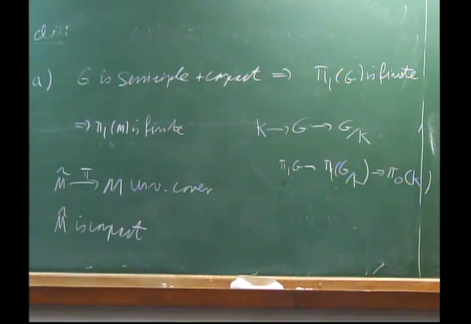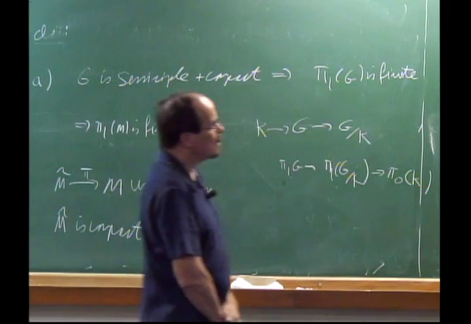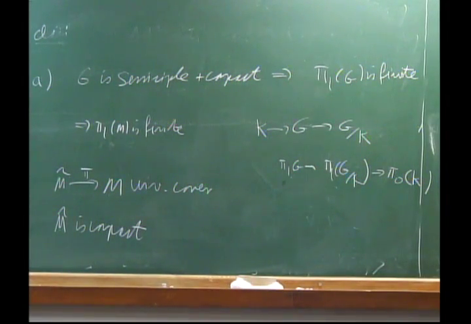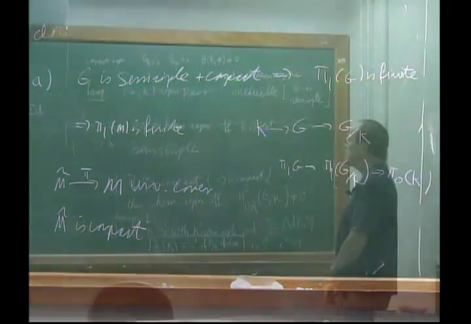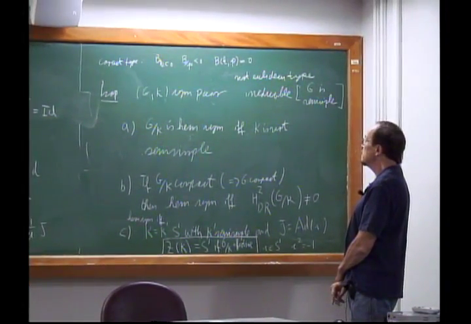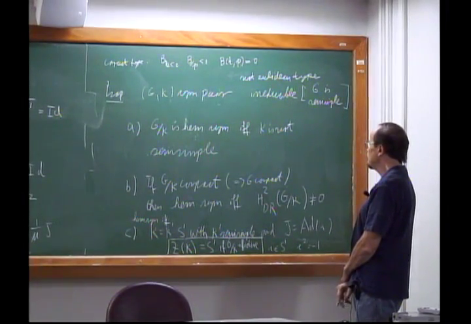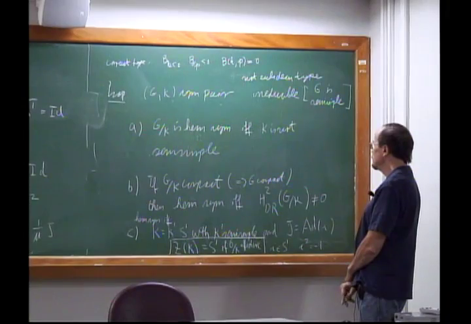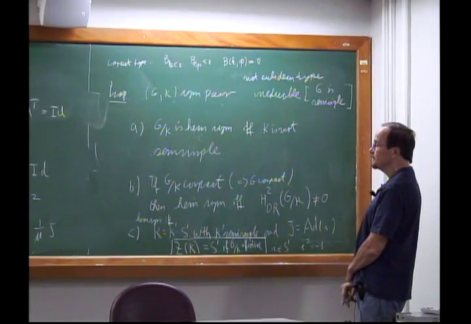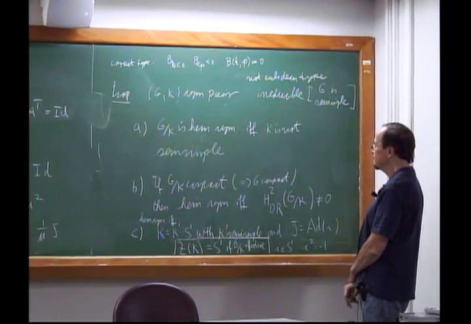But in our case, because of being Hermitian symmetric, is it compact? Say it again? Do we have G compact? Good point. Absolutely, good point.